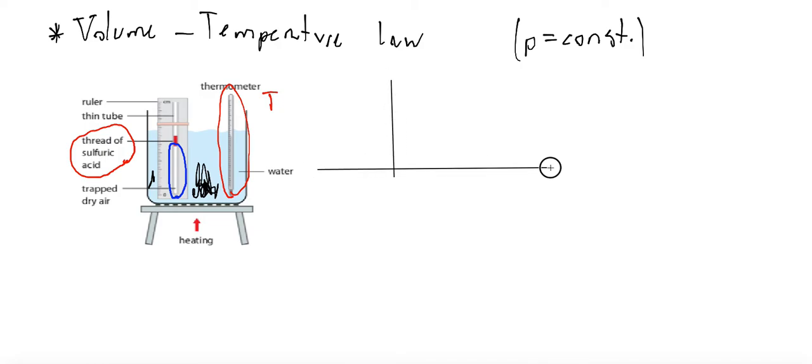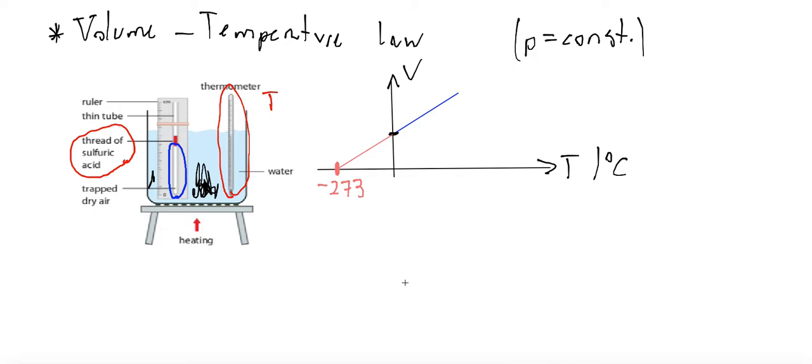you will obtain a relation of volume versus temperature. You will obtain a linear relation if temperature is expressed in degrees Celsius. Of course for 0 degrees Celsius the gas has a certain volume. But if you extend this line and find the point where this line crosses the x-axis, you can read the minimum possible temperature, which in the Celsius scale corresponds with minus 273 degrees Celsius.